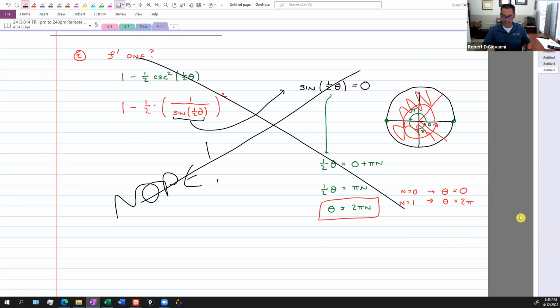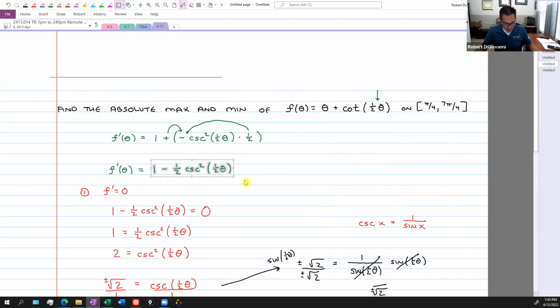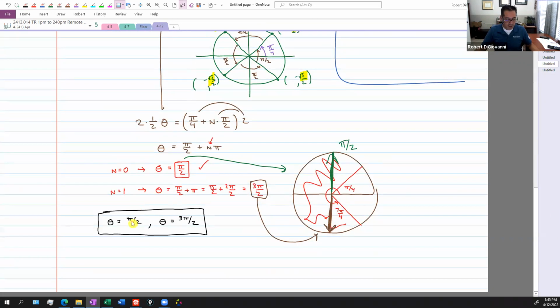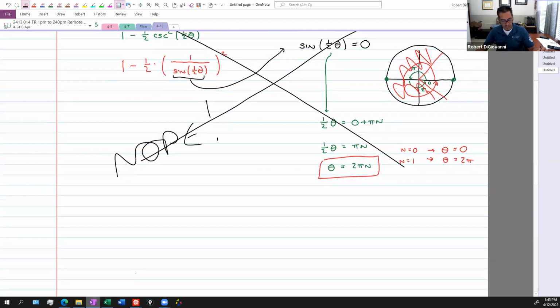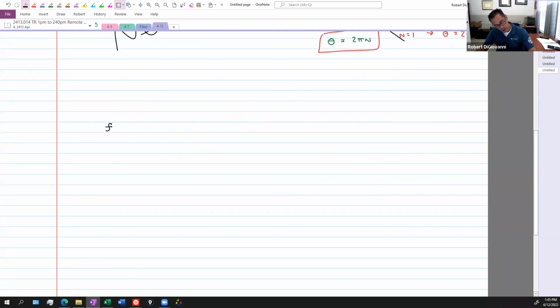All right. How many critical numbers do we have? I forgot. These two, right? And the endpoints are going to get plugged into the original function. So I need the original function evaluated in 4 different places. The 2 critical numbers, the 2 endpoints.